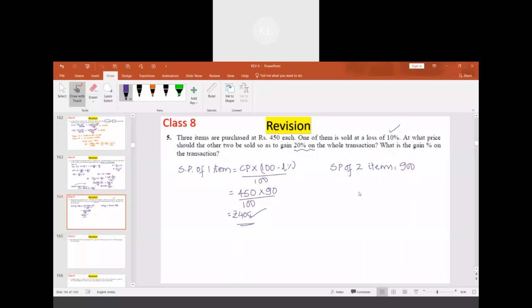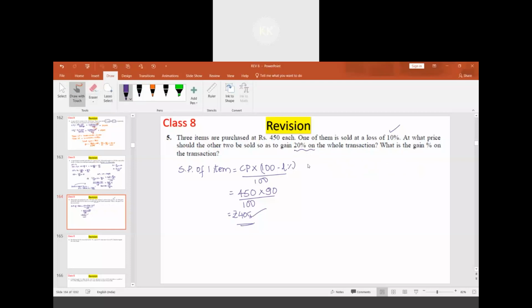How will we find that? They have given that for the whole transaction there is a 20% gain. So we can find out by using this method: 120 by 100 into 1350. What is to be found? The SP of all three items.